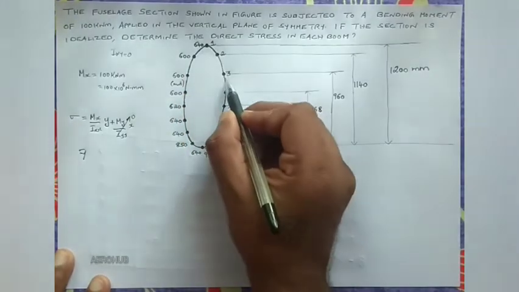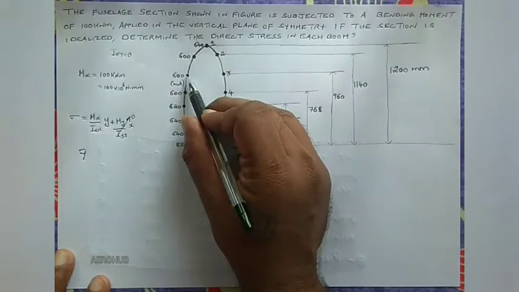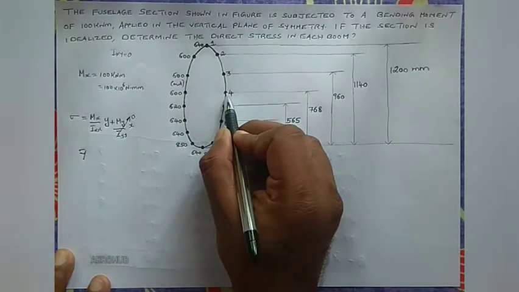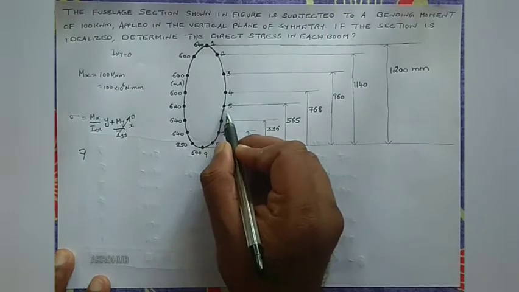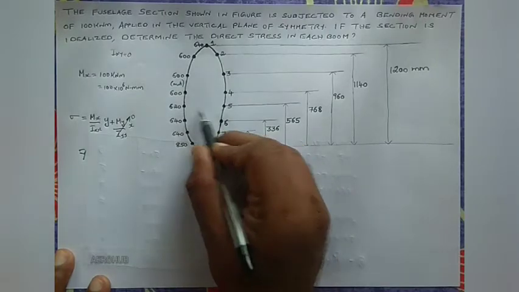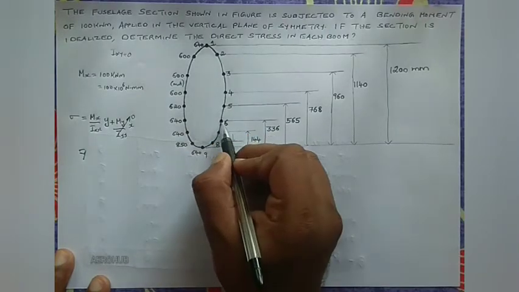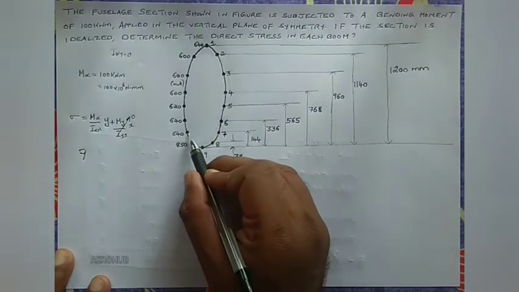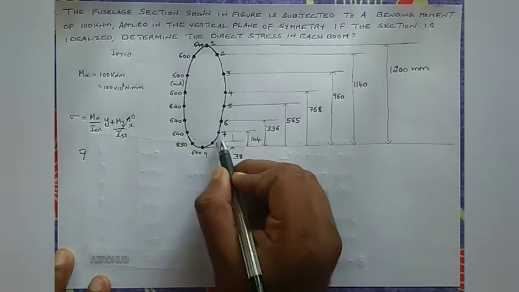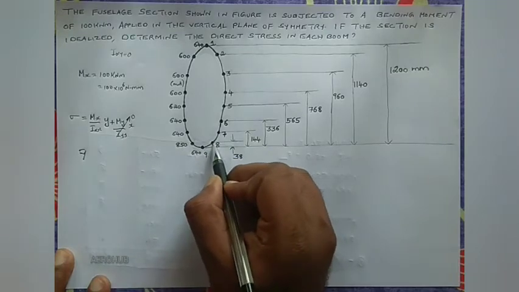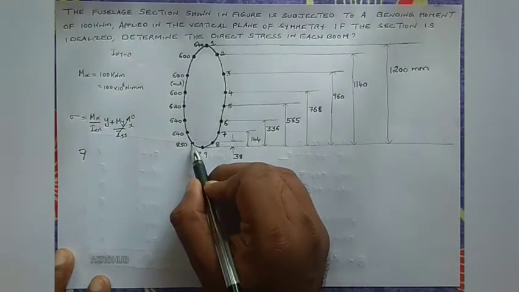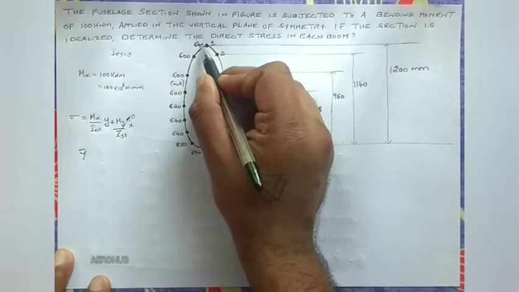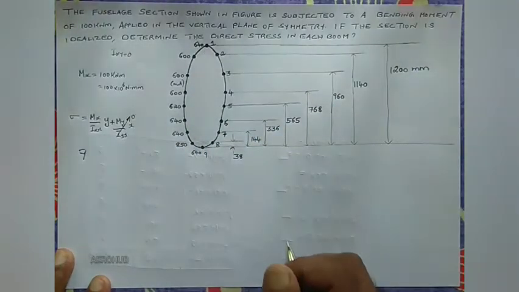Similarly boom area 3 will have 600 millimeter square, boom area 4 will have 600 millimeter square, boom area 5 will have 620 millimeter square, boom area 6 will have 640 millimeter square, boom area 7 will have 640 millimeter square, boom area 8 will have 850 millimeter square, and boom area 9 as well as 1 will have the same boom area, that is 640 millimeter square.